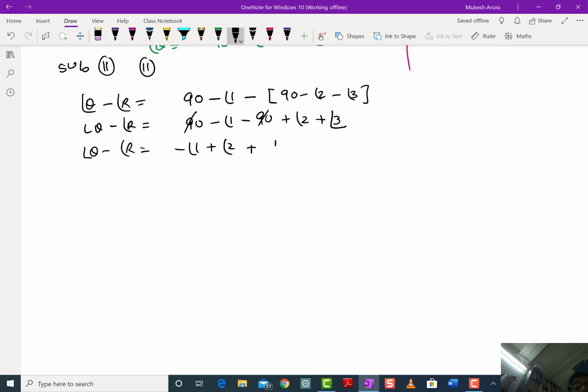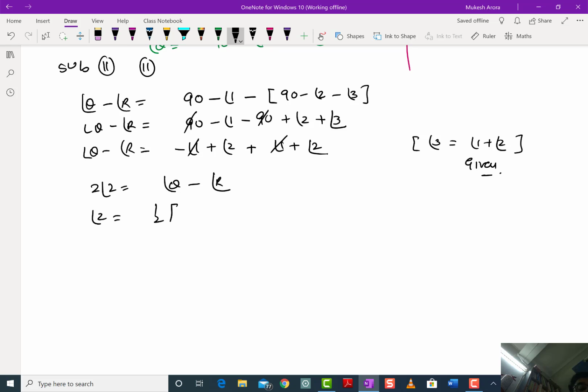Angle 1 is cancelled. 2 times angle 2 is equal to angle Q minus angle R, or angle 2 is equal to half of angle Q minus angle R. Hence, you will do this sum at least 2 to 3 times, right? Thank you.